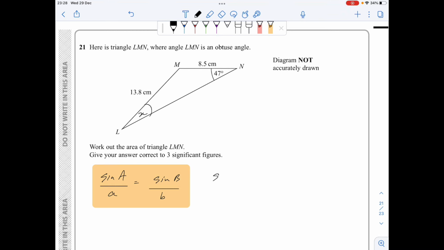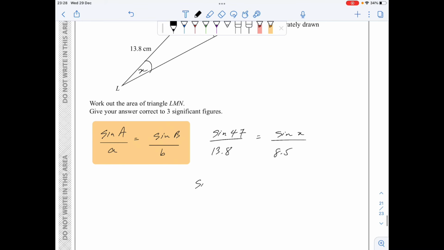So sine of 47 over 13.8 equals sine of x over 8.5. So sine of x is equal to 8.5 times sine of 47 over 13.8. This will be 0.450 and so on.